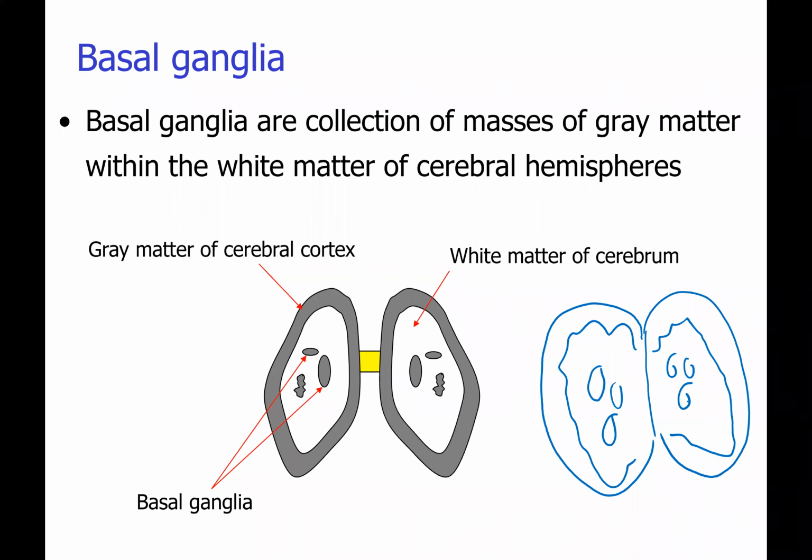Some of these collections of gray matter, and the moment I say gray matter, it's a collection of neuronal cell bodies, are called basal ganglia. Not all, some of them are called basal ganglia.